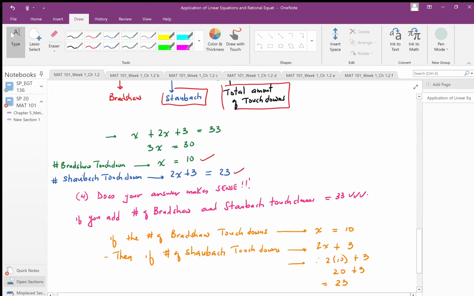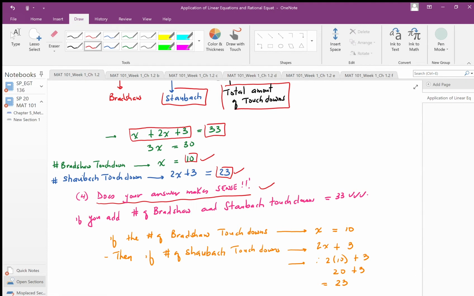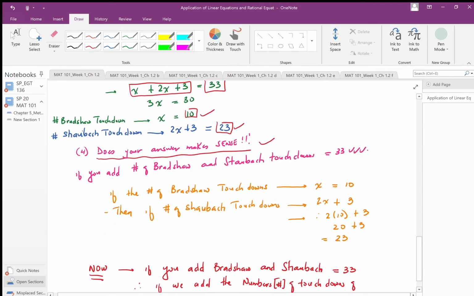Now, does this answer make sense is the fundamental question. Again, what's on the left-hand side must equal what's on the right-hand side. So 10 plus 23 equals 33. Therefore, this particular answer makes sense.